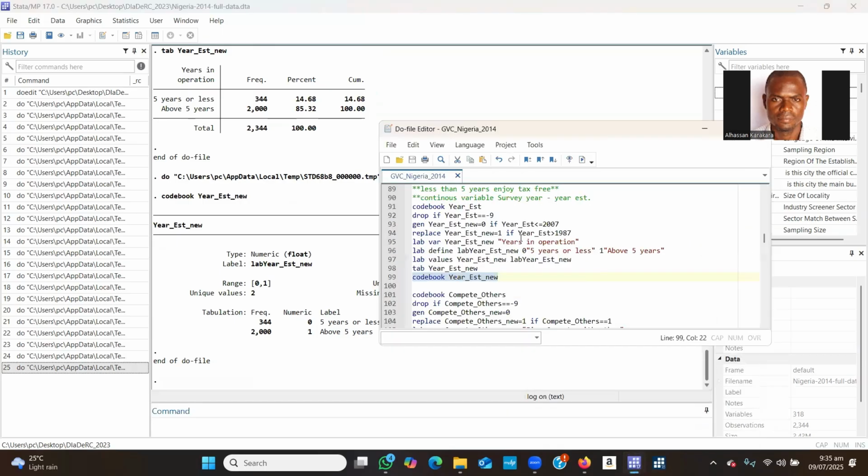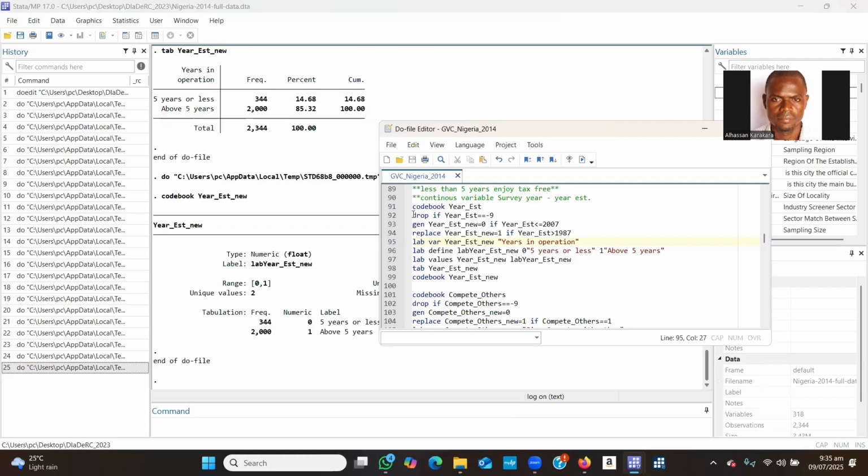If the data had already captured the years the firm is in operation, firms would have mentioned 1, 2, 3, and that would have been a continuous variable. It would have been easy to use. But they just asked when the firm was established, and in our paper, we decided to make it 5 years or less and above 5 years.